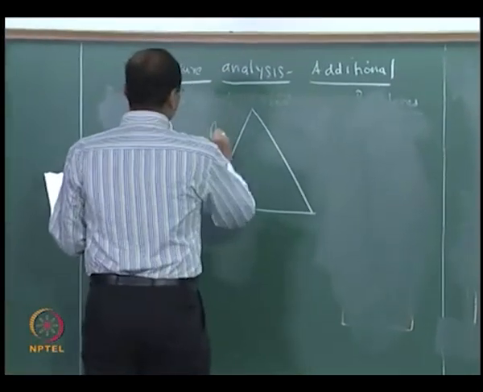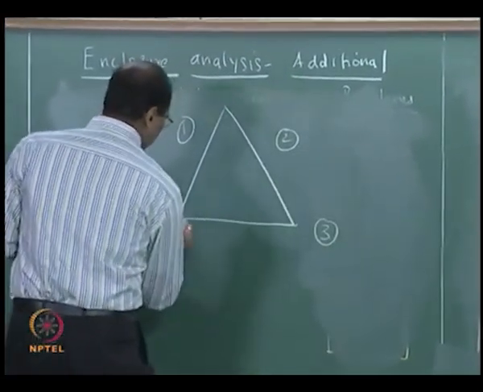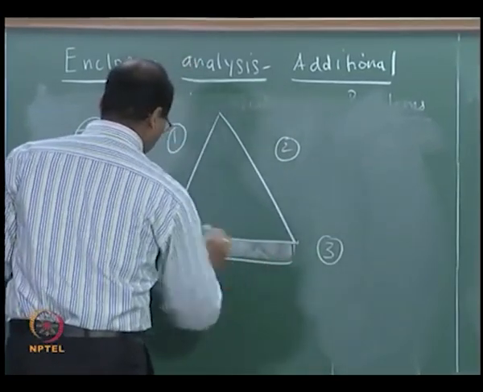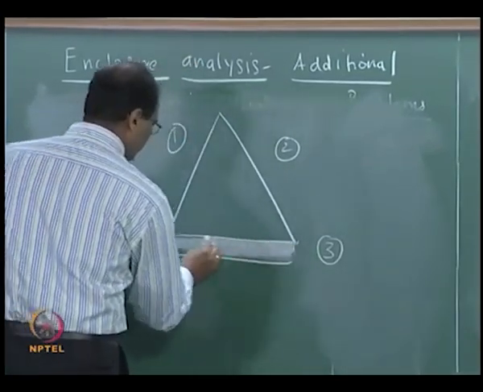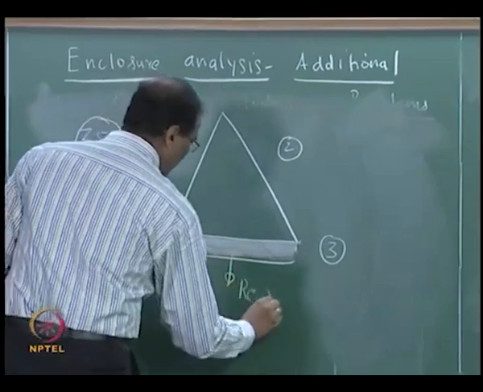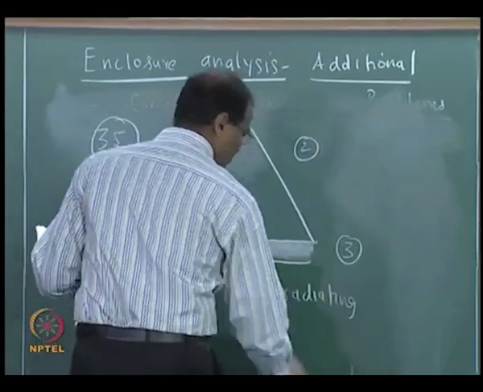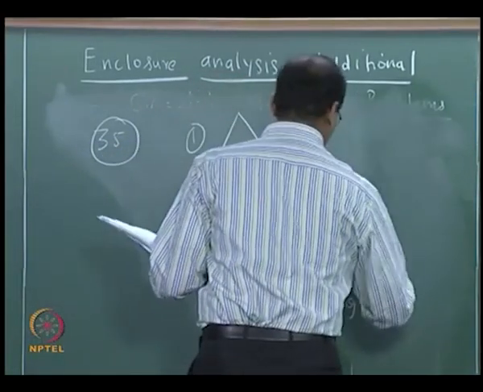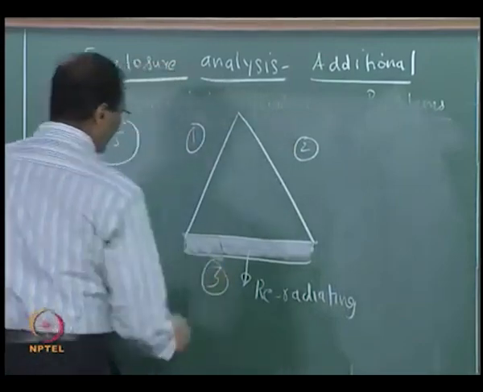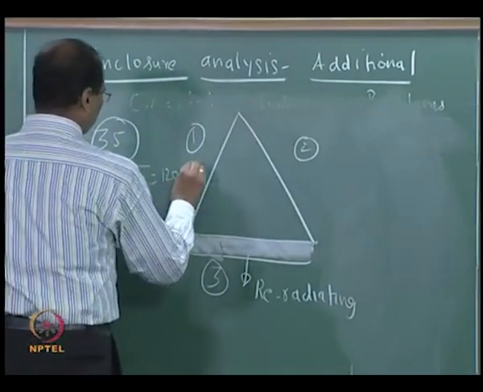Okay, surface 1, surface 2. This one is re-radiating. 1200.